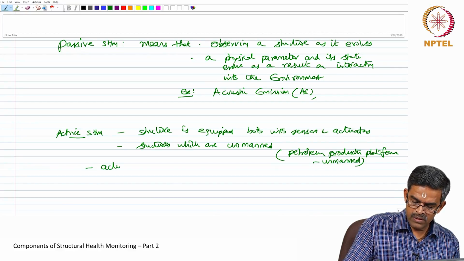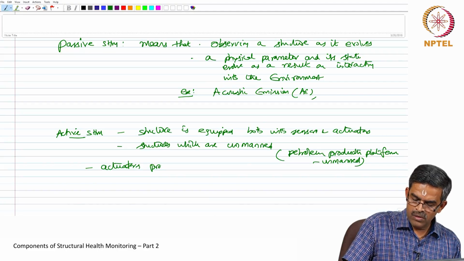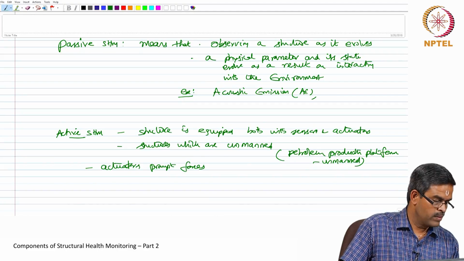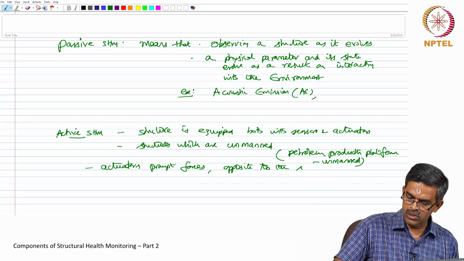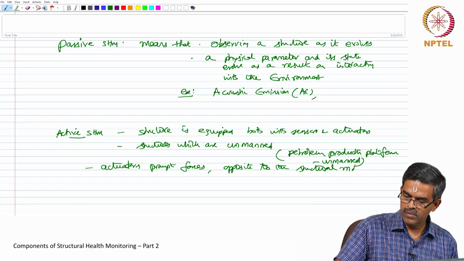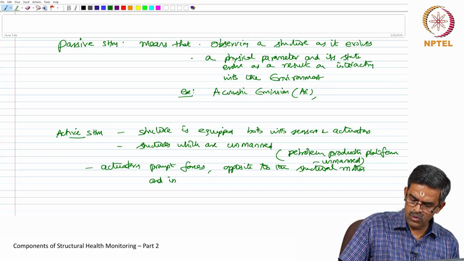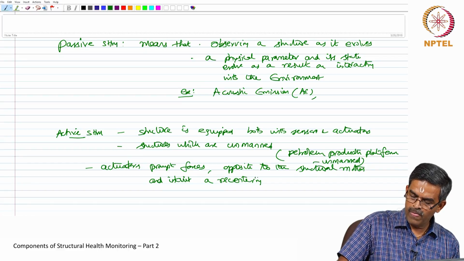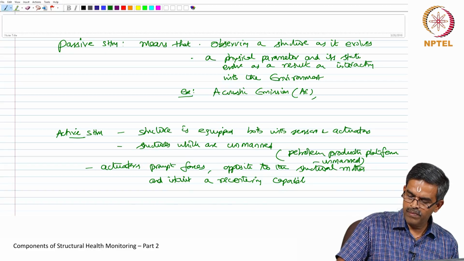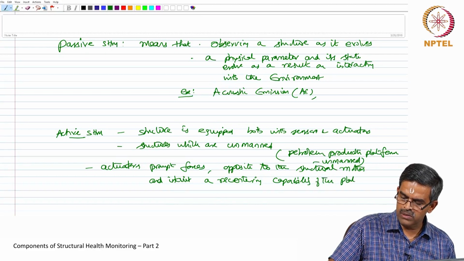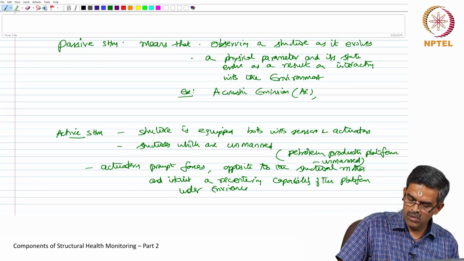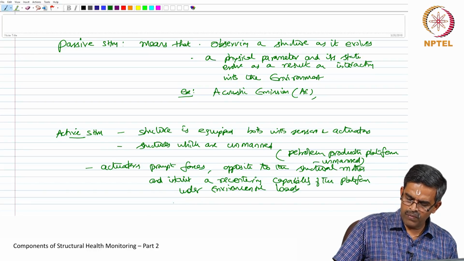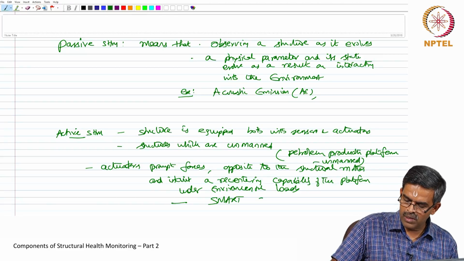In such cases, the actuators prompt forces opposite to the structural motion and instill a recentering capability of the platform or the system under environmental loads, what we call otherwise as smart structures.